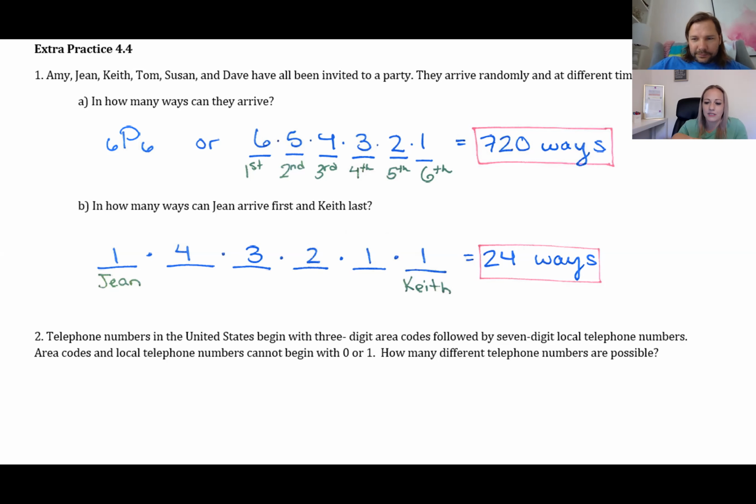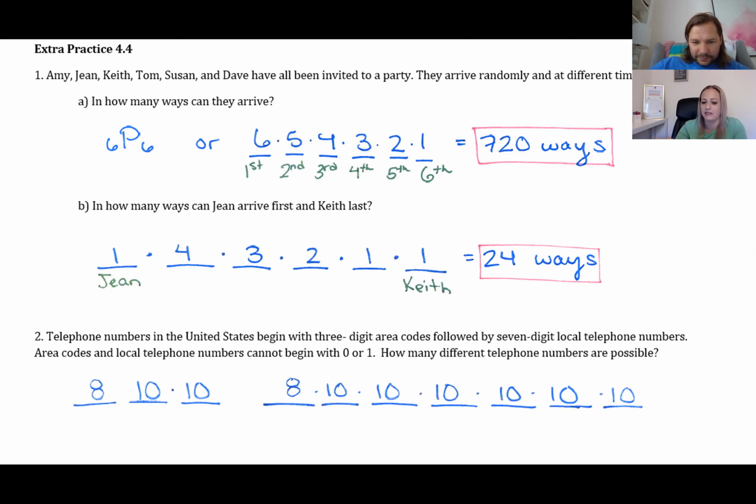And then you can put a 0 through a 9, which is 10 options, in for most of the positions, except for the first digit in the area code and the first digit in the 7-digit number. So there's 8 options for the very first one, and then there's 10 for the other 2 area code spots, and you are allowed to repeat them.